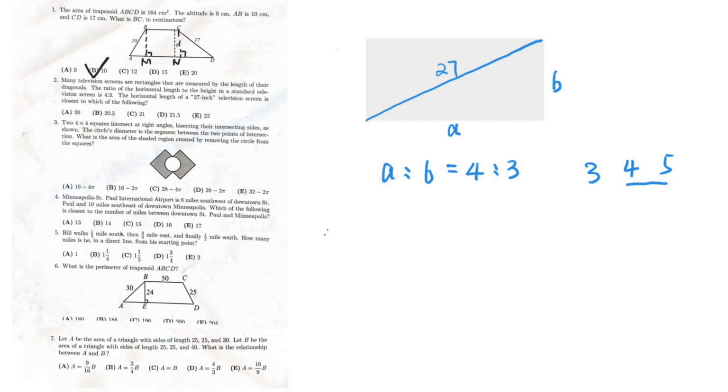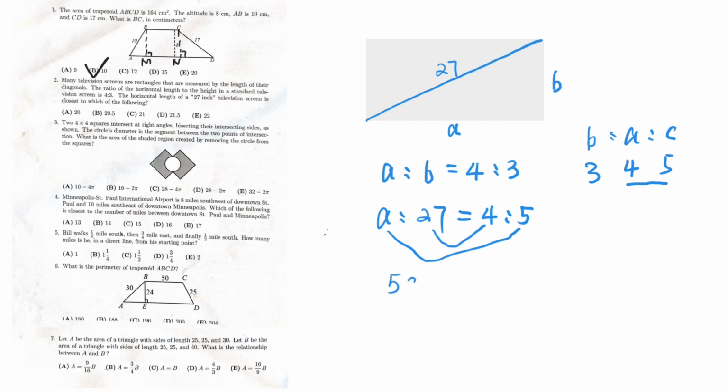So A to 27 has the same ratio as 4 to 5. That's the ratio equation: 4 to 5 is A to 27. To solve the ratio equation, we multiply inside term times inside term, and outside term times outside term.